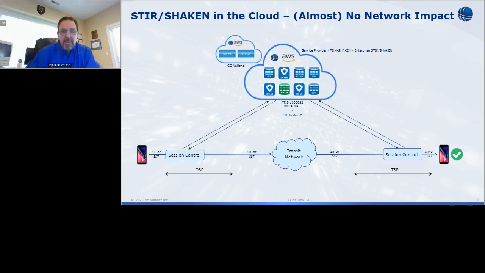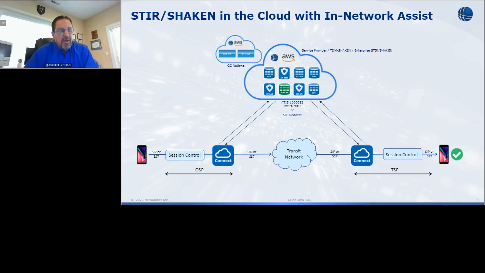My particular company has created an element called Cloud Connect, which just watches the signaling in the network and drives that ATIS 10,082 interface for you. The way I've shown this picture, it's sitting directly astride the signaling, but there are lots of different ways to do this so that it sees the signaling but doesn't have to be in the middle of it.